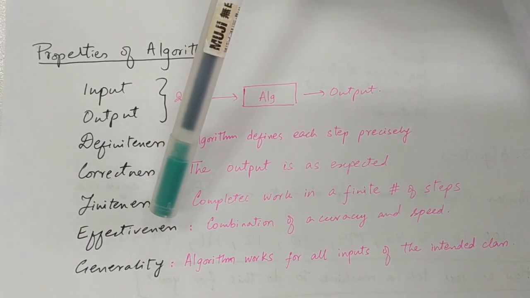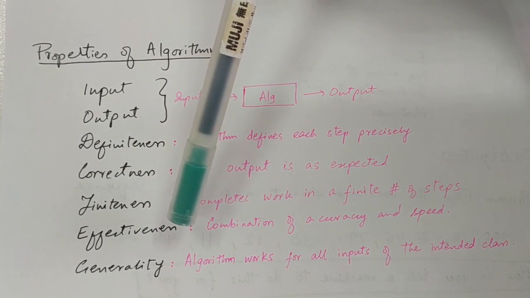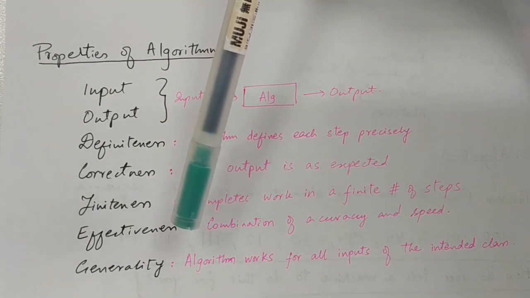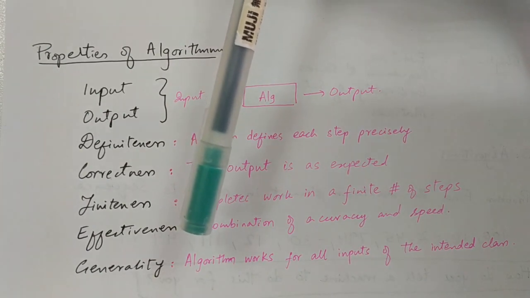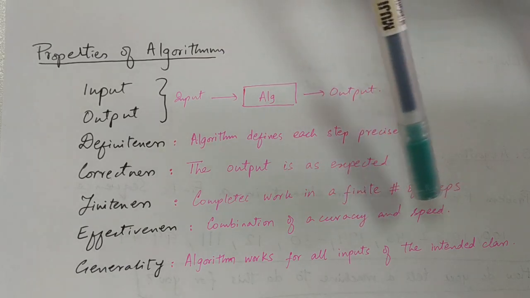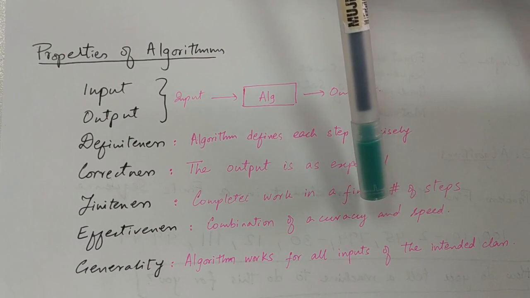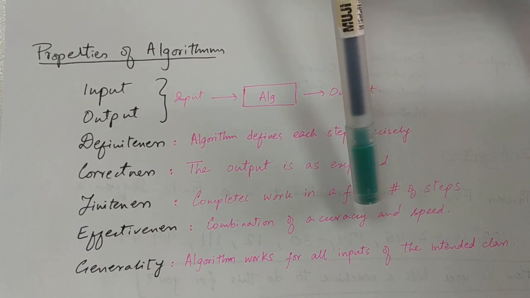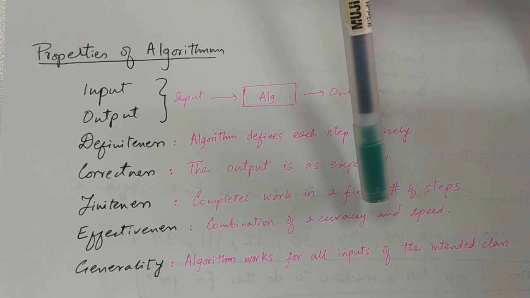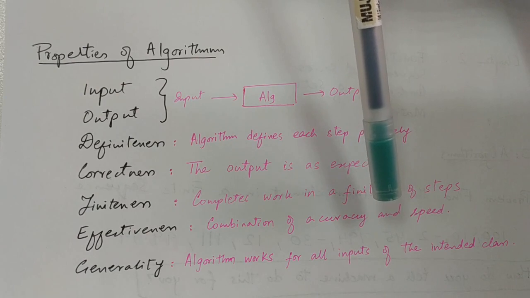Effectiveness is a bit of a hand-wavy term. It doesn't really have a precise definition, but the idea is it's a bit of a combination of the ideas of accuracy and speed. So consider this. Let's say you have two algorithms. One algorithm gives you the correct answer in, let's say, 30 days. And the second algorithm gives you an incorrect answer, but it gives it to you in about 5 minutes.